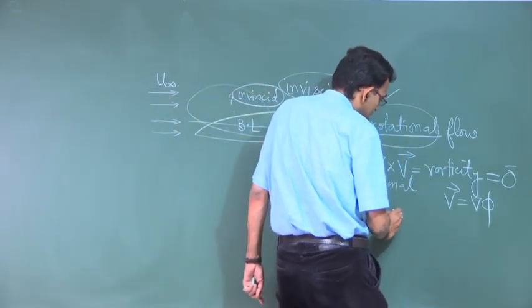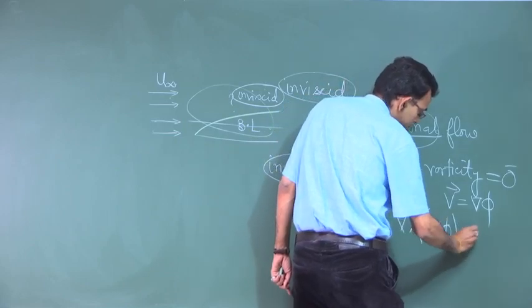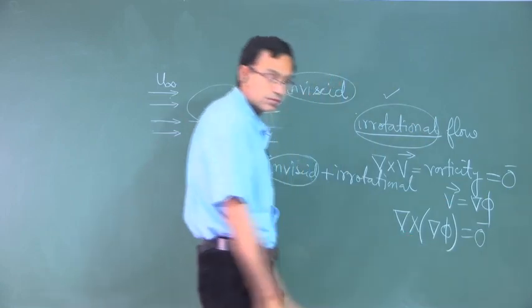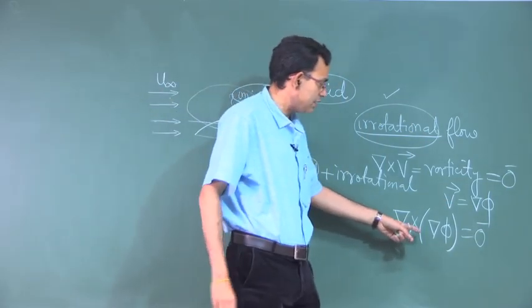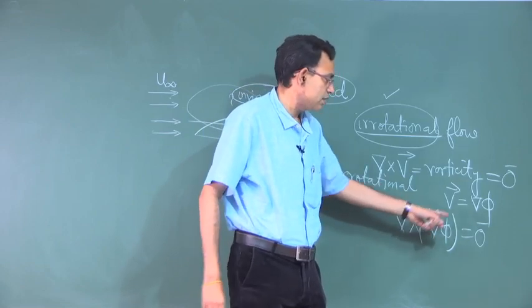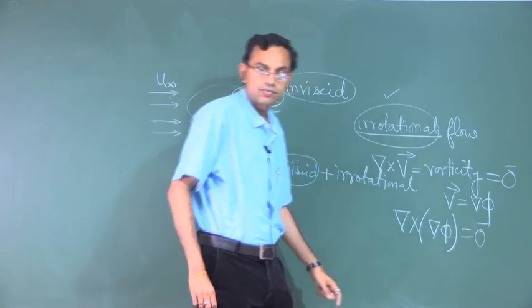This is based on the vector identity, curl of grad of a scalar potential is a null vector.